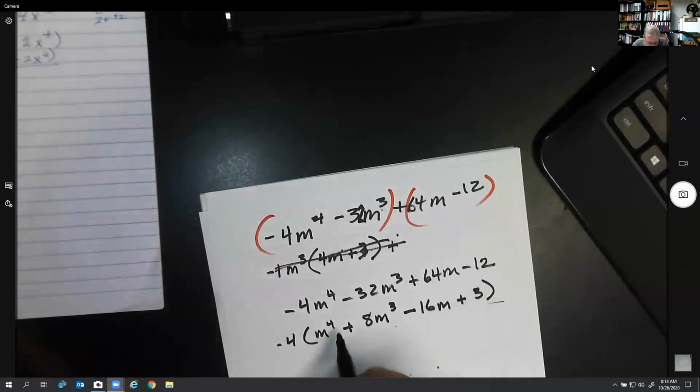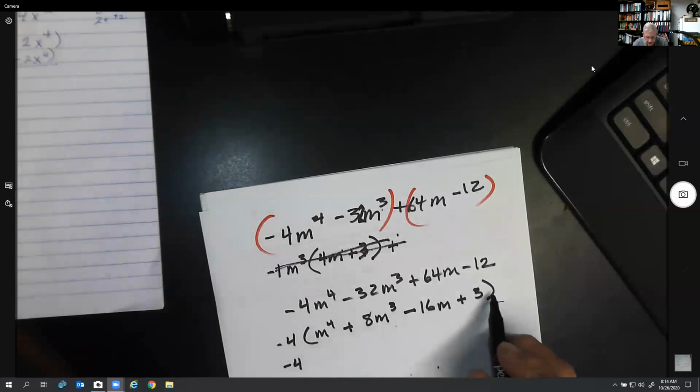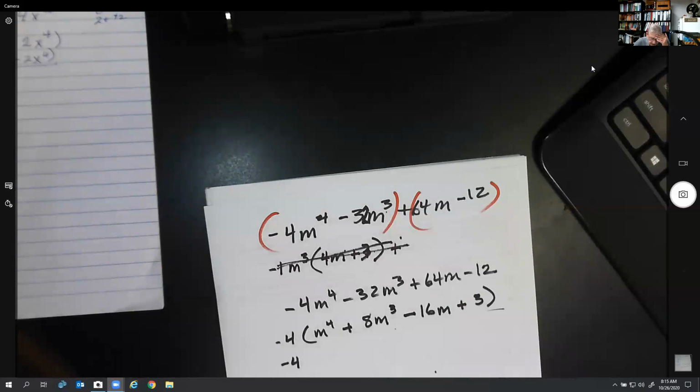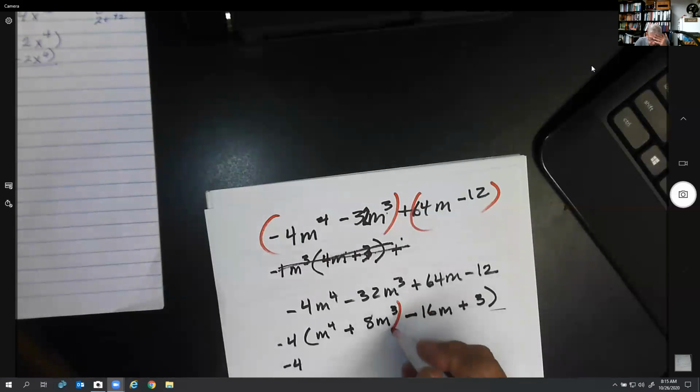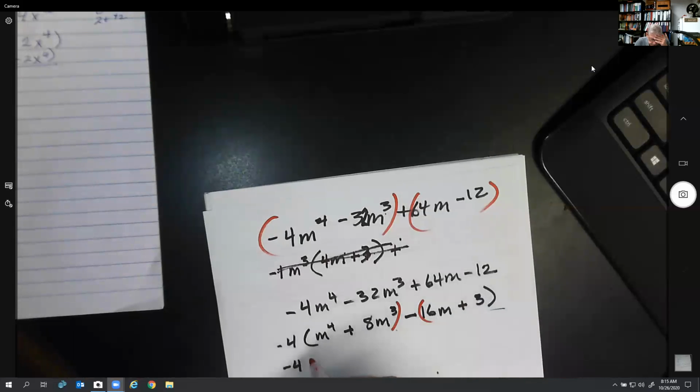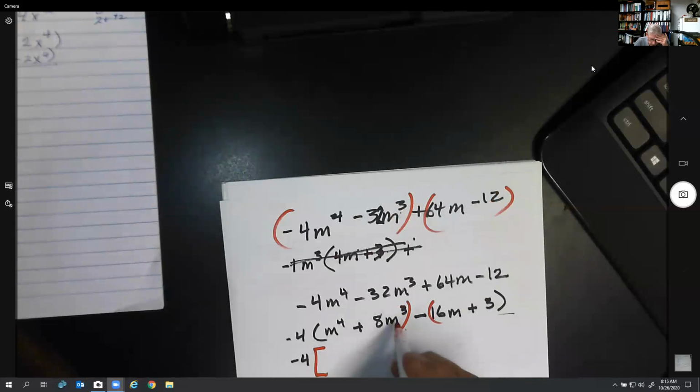Now, what I might think about next, since I took out the common -4, is could I do this by grouping? I don't think grouping is going to help me, because you could try it. I'll just go ahead and show you. All we could take out of this one would be an M cubed. That would give me M plus 8.